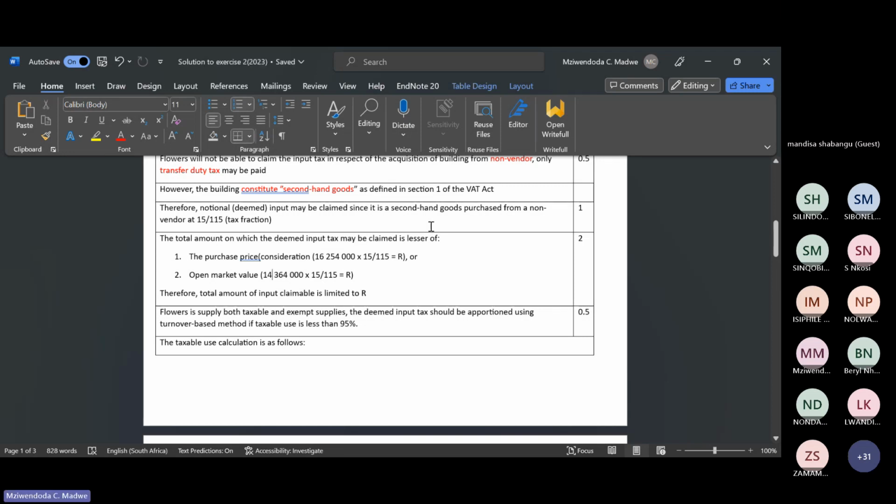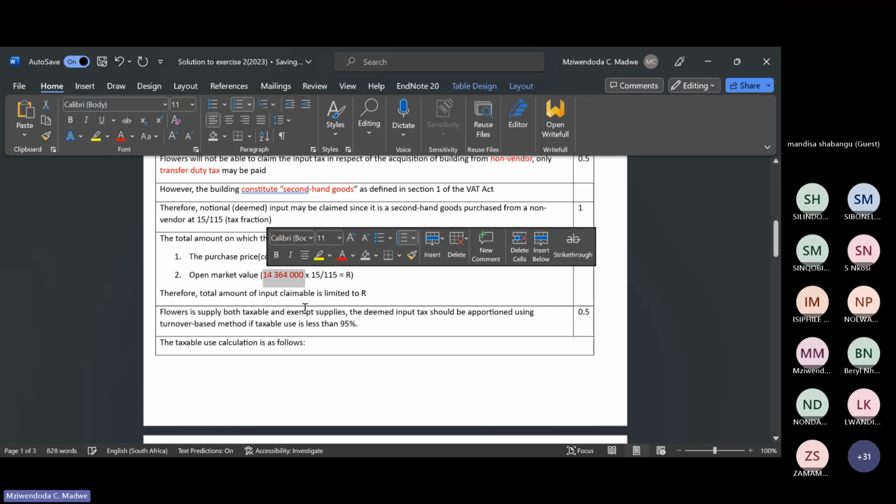I said here, to determine the value before you go to section 10, maybe you can first go to paragraph B of the input tax definition. It indicates that the input tax is calculated at the lesser of consideration or open market value. In our case, the lesser amount is 14,364,000.